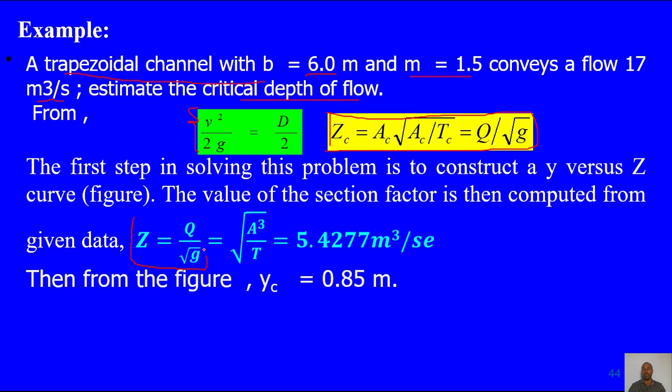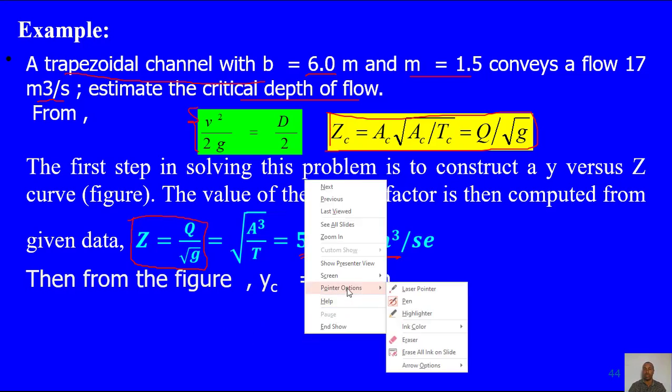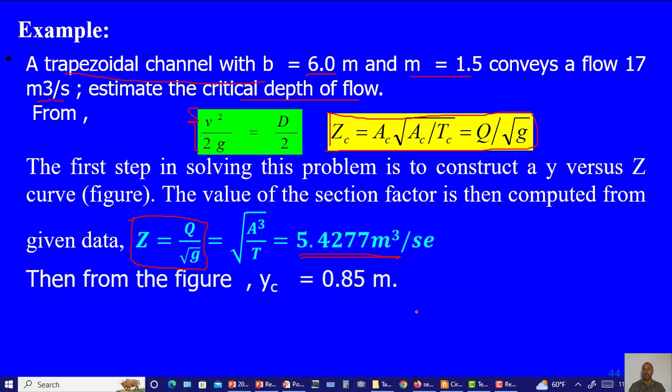The first step in solving this problem is to construct y versus section factor. Then the value of the section factor is computed from the given data. Once you compute Q over the square root of g, which is equal to A cubed over T, then the solution will be read out from the table.